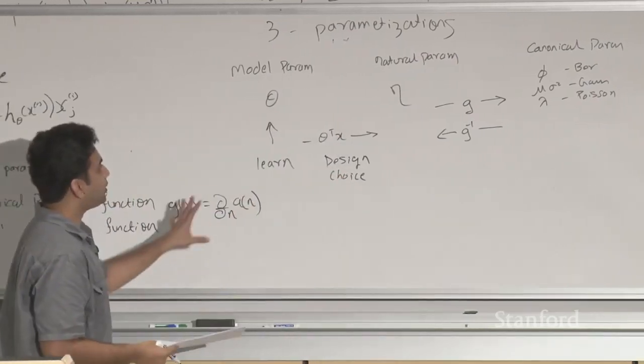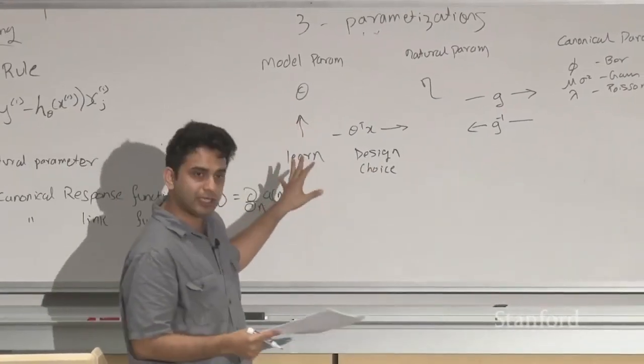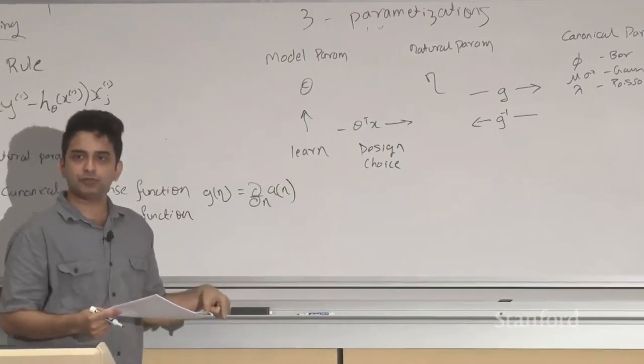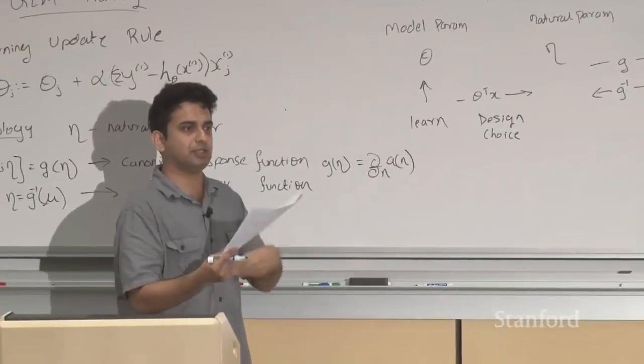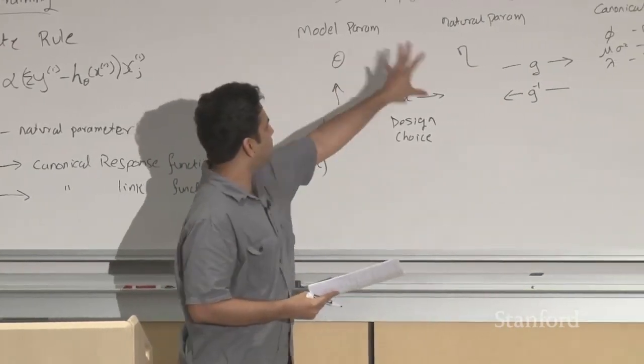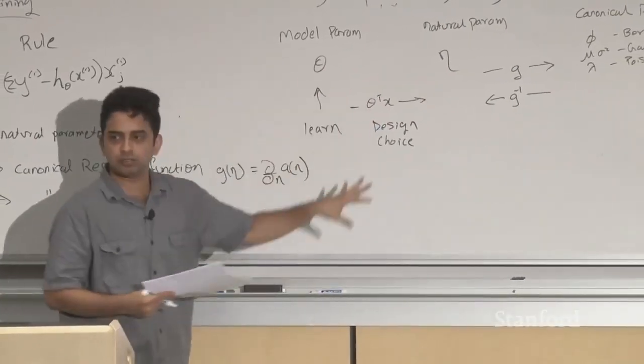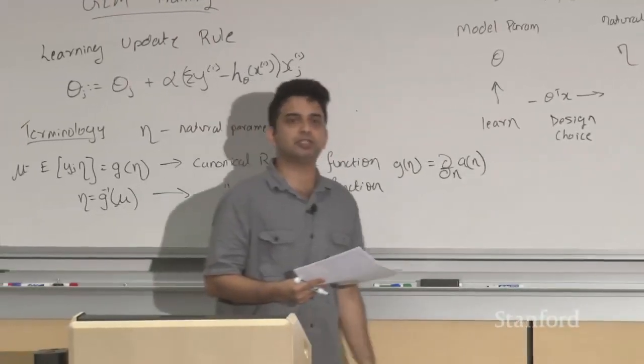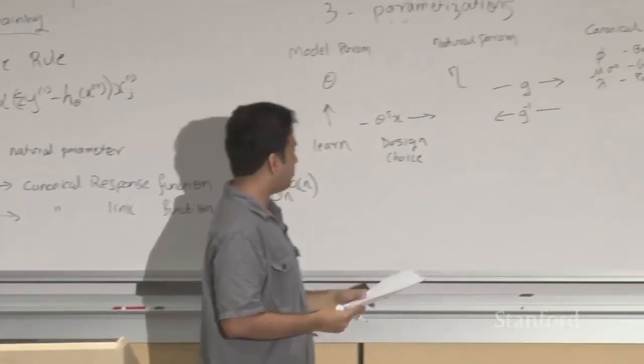So it's important to realize, it can get pretty confusing when you're seeing this for the first time, because you have so many parameters that are being swapped around and getting reparameterized. There are three different ways in which we are parameterizing generalized linear models.